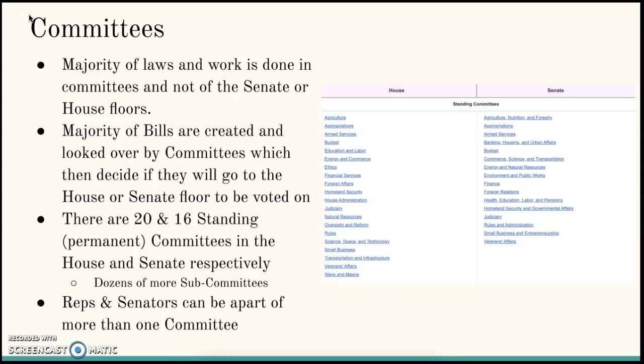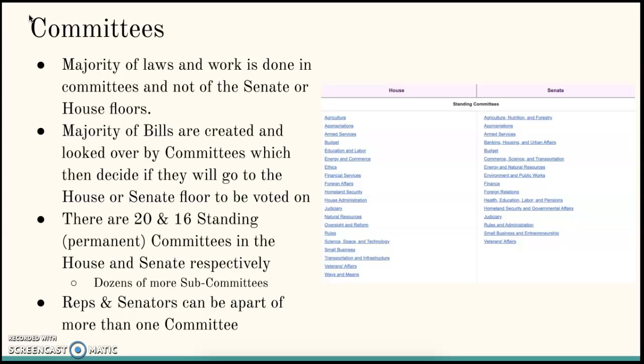Now, as we discussed in the last slide, many of the laws written by Congress are not actually discussed on the floor. A majority of the laws are written and worked on and edited in committees.